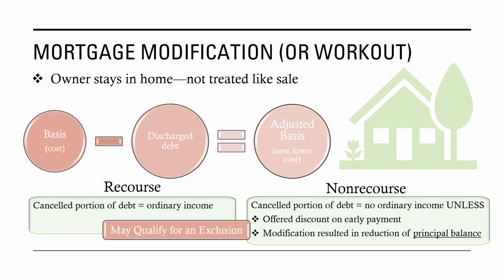If the owner is offered a discount on early payment, so they pay off a little bit early and don't have to pay as much, that is going to produce ordinary income for that reduction in what they owe. And also a modification that resulted in the reduction of the principal balance, the loan principal amount, is also going to possibly result in ordinary income. Again, with those two caveats, that's unless our taxpayer qualifies for the exclusion.